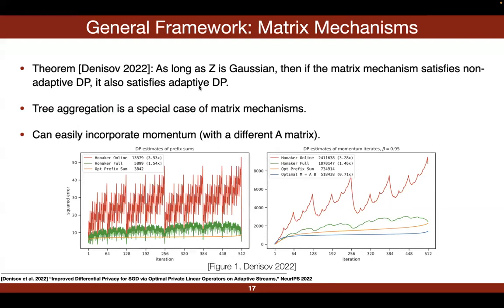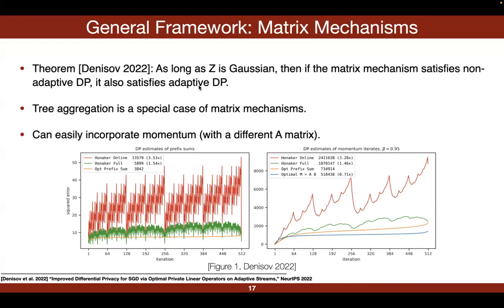Is that correct? Yes, to factorize A optimally, it does not rely on whether the GT are adaptive or not. Okay. Is that your question?